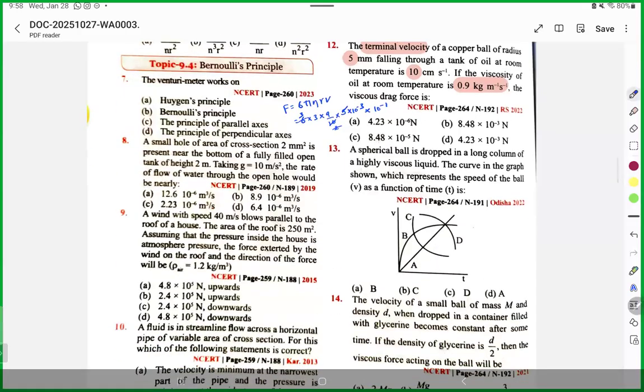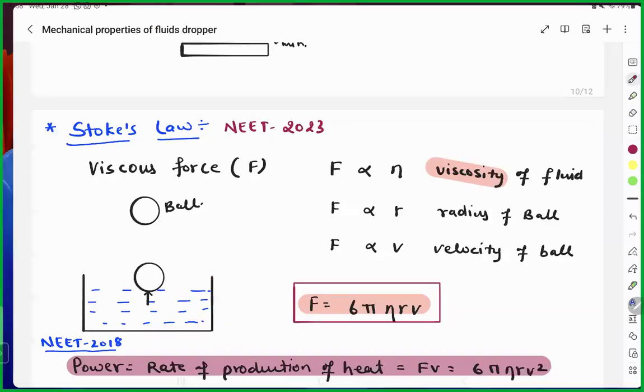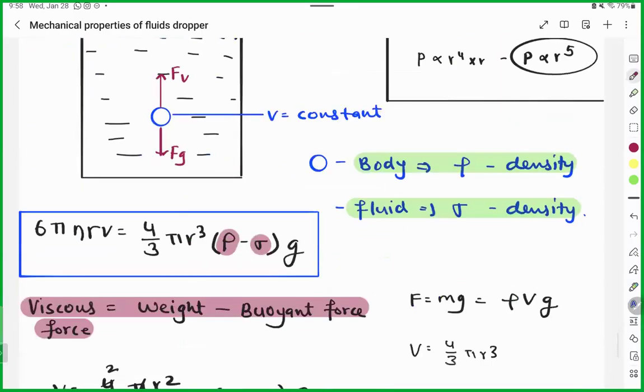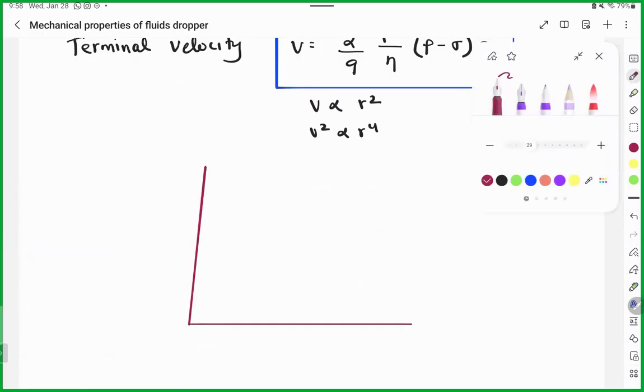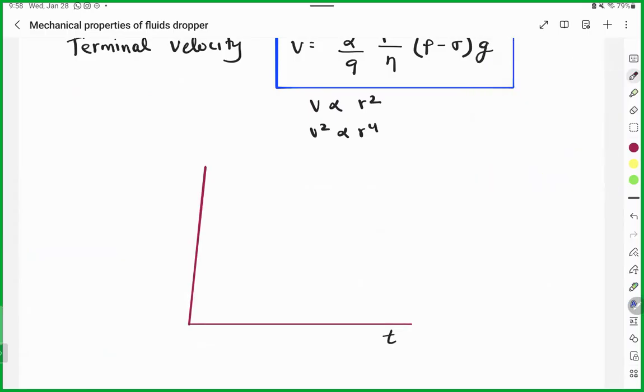Whenever you are talking about terminal velocity, if you are making a graph of velocity with time, initially velocity will increase, but ultimately it will become straight and flat. Why? Because here you have terminal velocity, which is constant. Make sense, guys?